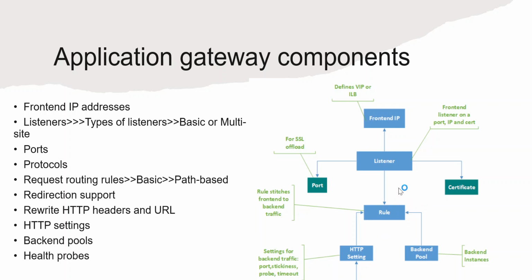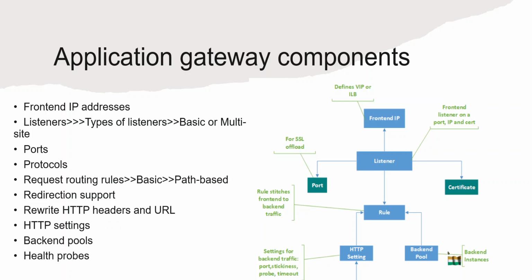Certificates are set up. If you can see, certificates are installed and configured on the listener side. So you can see the front-end listener has the port, IP, and the certificate.